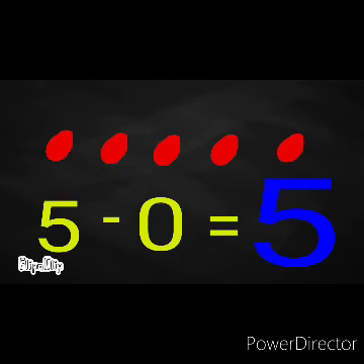Now let's look at another one. We have 1, 2, 3, 4, 5 mangoes. We will take nothing from these 5 mangoes. So 5 minus 0 equals 5.